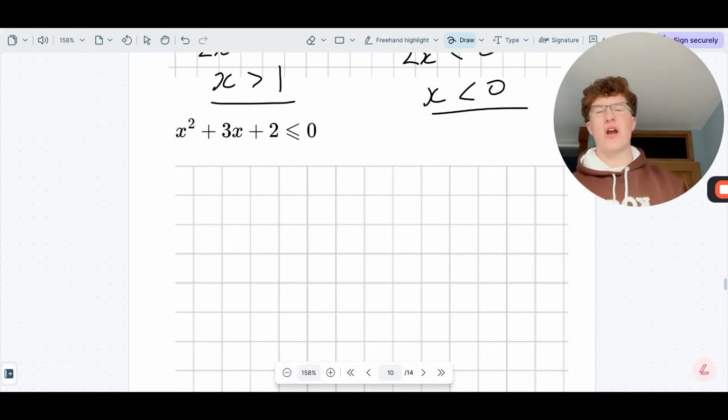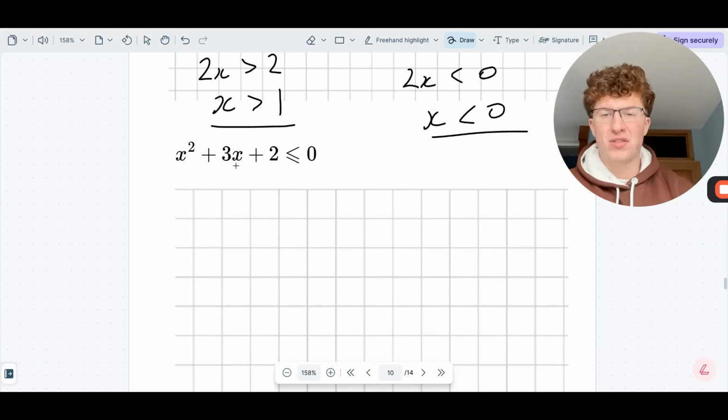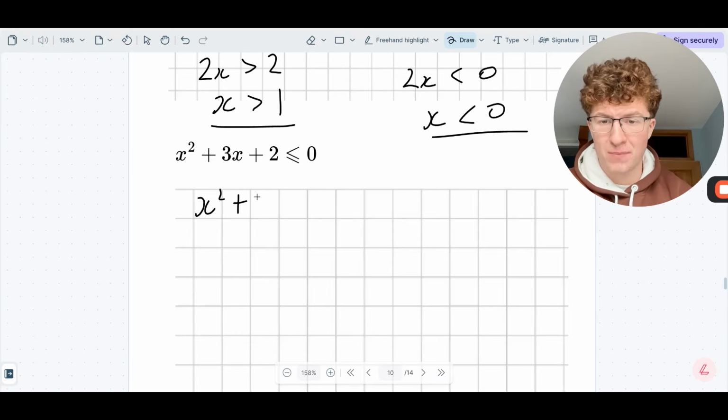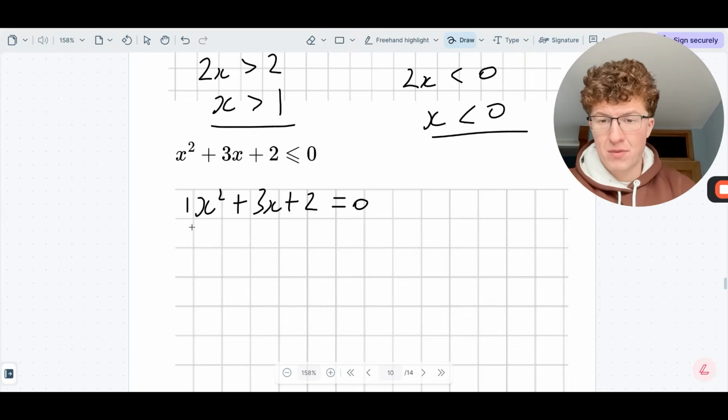Now, this one is a quadratic. Slightly more complicated, but I'm going to show you a method I always use. x squared plus 3x plus 2 is less than or equal to 0. First thing, let's just treat this as a regular quadratic. So let's say x squared plus 3x plus 2 is equal to 0. Let's solve this normally. Factors of 1, factors of 2. 1 times 2 is 2, 1 times 1 is 1.